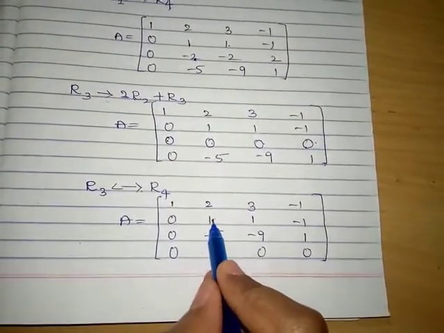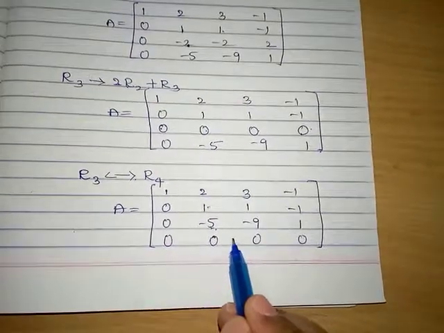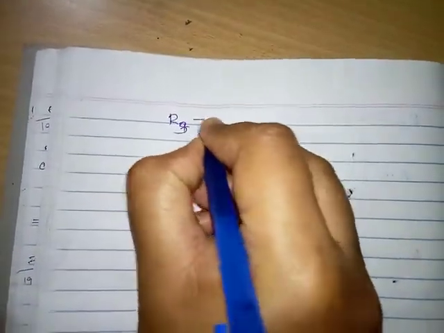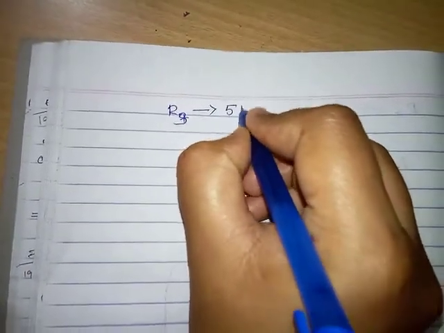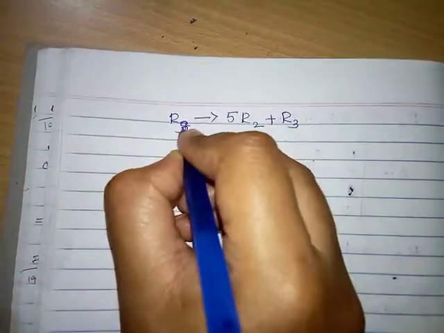So the transformation is R3 changes to 5 into R2 plus R3.